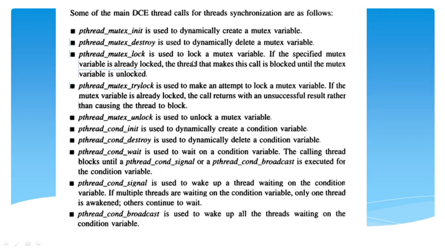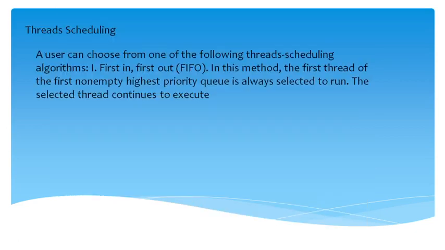And cond init is used for a condition variable. There are also condition variable destroy, wait, signal, and try lock. Broadcast is used whenever a thread is free and wants to wake up all the threads waiting on this condition variable.